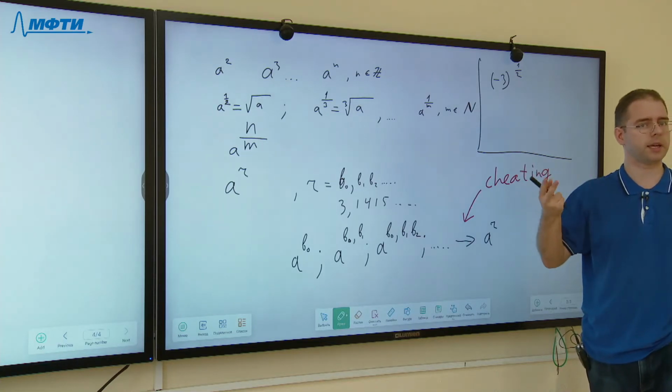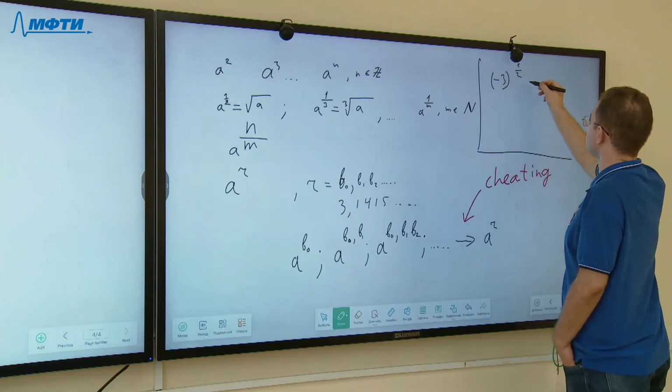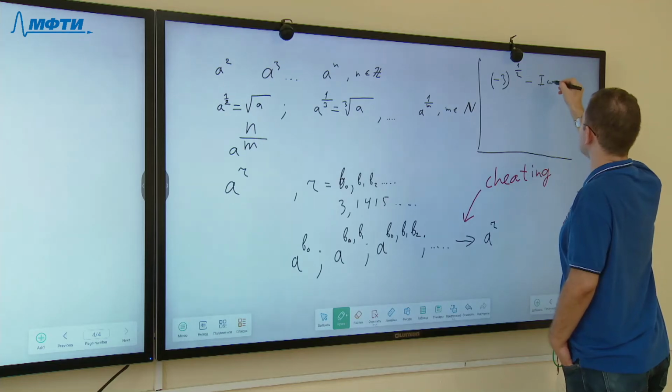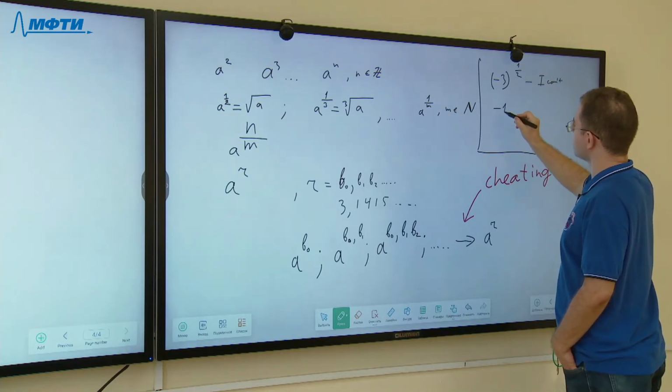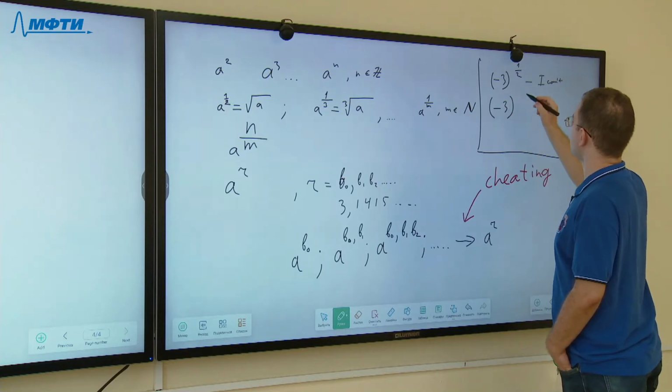I cannot have a square root of a negative number. But what if I try to raise -3 to power 2/4?